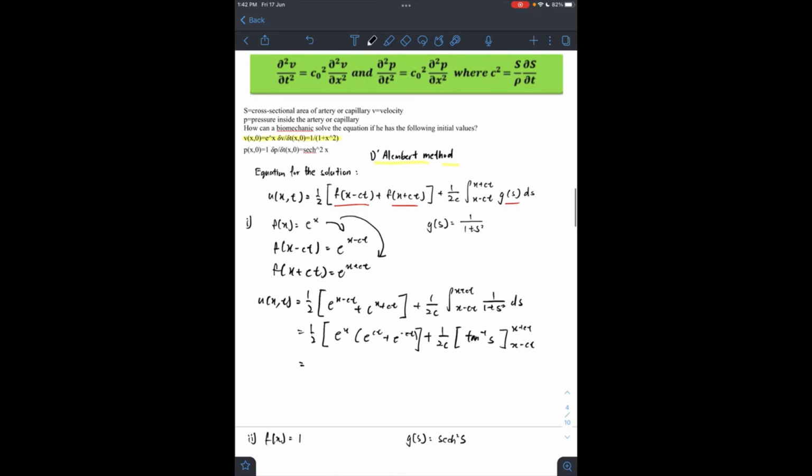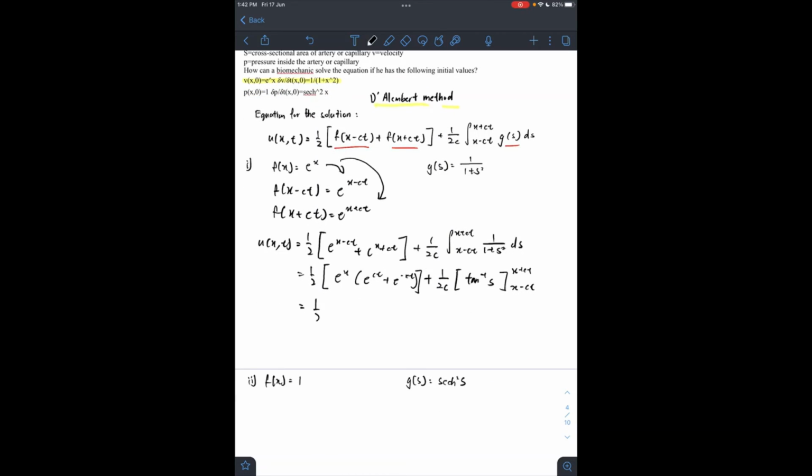Okay, so for this part, we know that this can be simplified into what we call the hyperbolic function, cosh ct. Then we continue to substitute the values from the tangents, and we will get this.